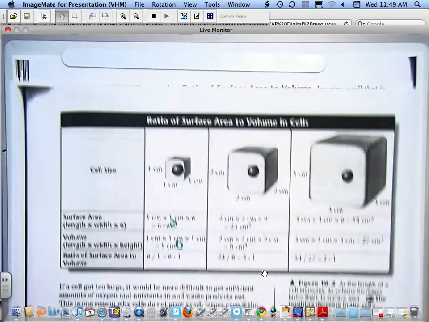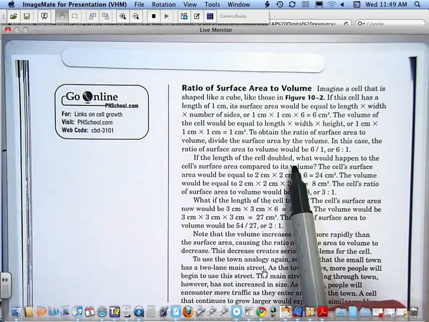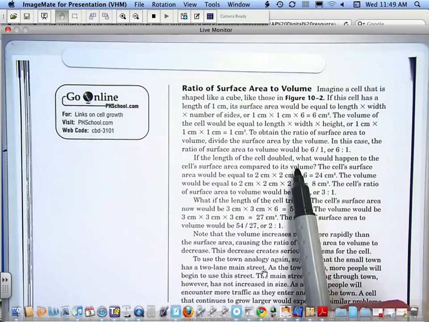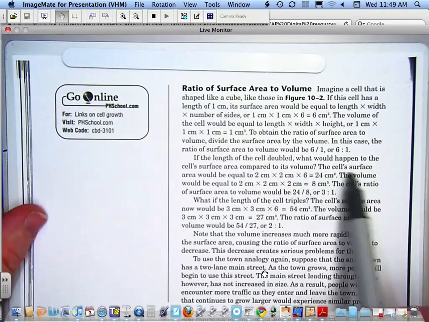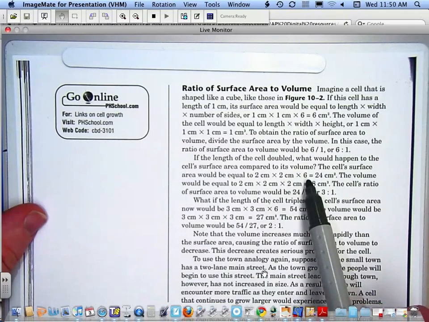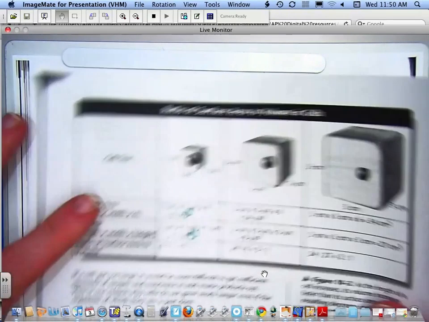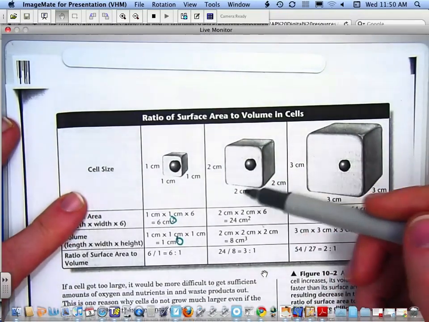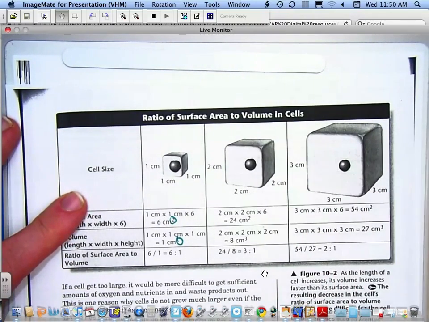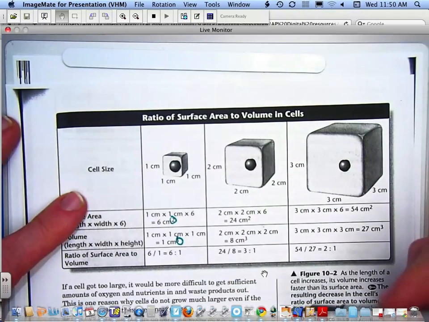Now let's keep reading. If the length of the cell is doubled, what would happen to the cell's surface area compared to its volume? The cell's surface area would be equal to 2 centimeters times 2 centimeters times 6, 24 square centimeters. Well, look, that's exactly what they're saying. To find the surface area, you multiply this side times this side, and that gives you the surface area of one side, and then you multiply it times 6, because there are 6 sides of the cube.